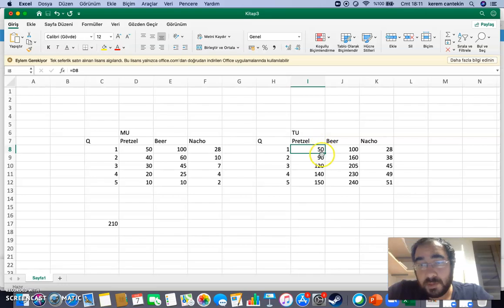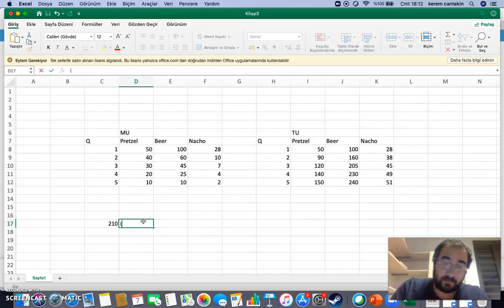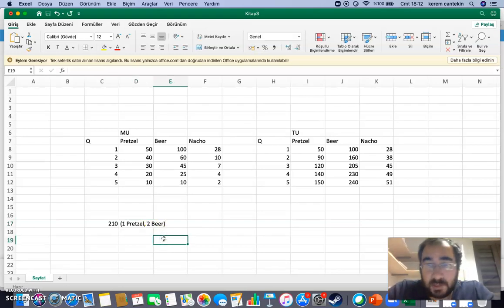So consuming 1 unit of pretzel and 2 units of beers gives me 210 units of utility. Why? Because I add 50 to 160.